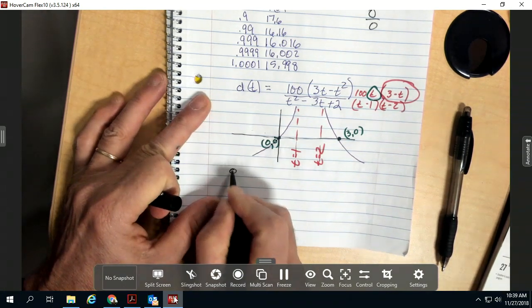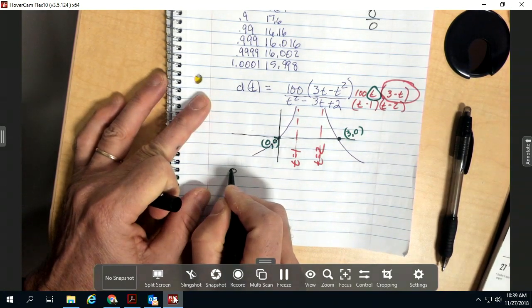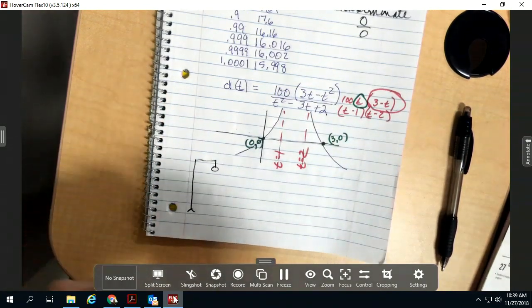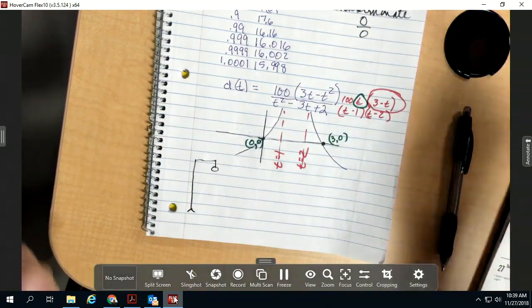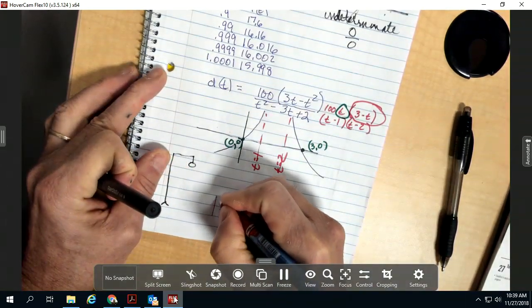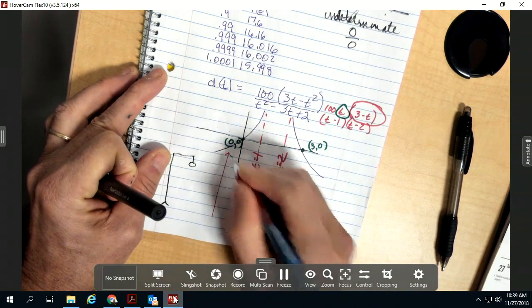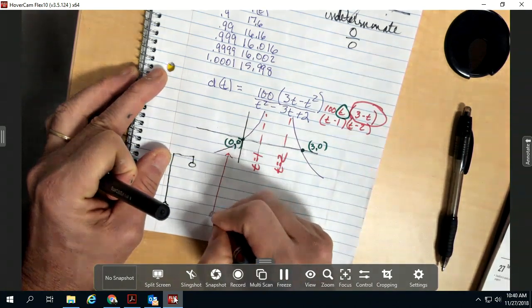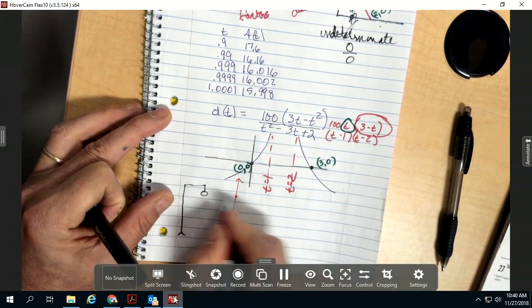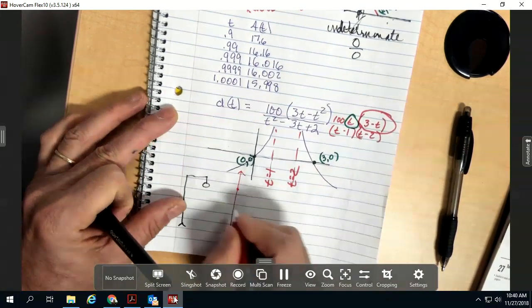here's the light on the light pole, and here is your projectile. It's going up into the air, and then it's coming back down. Well, once it gets to this spot right here, everybody agree, the shadow is going to be at infinity.